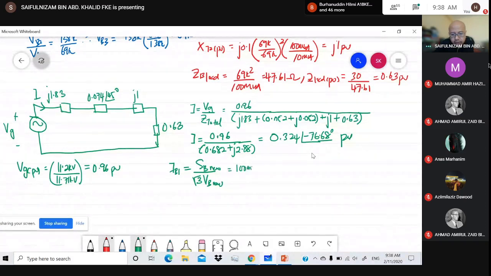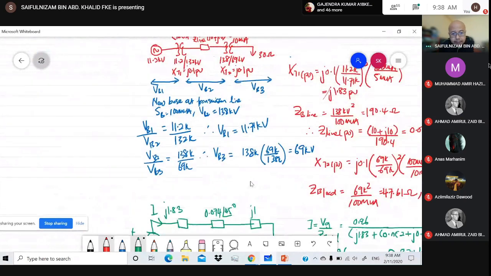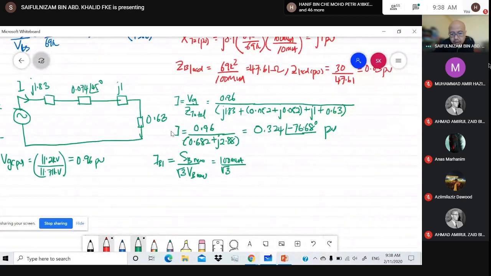So you should get 100 MVA divided by root 3 times the voltage base at section 1, 11.71. What do you get? 4.93 kA.